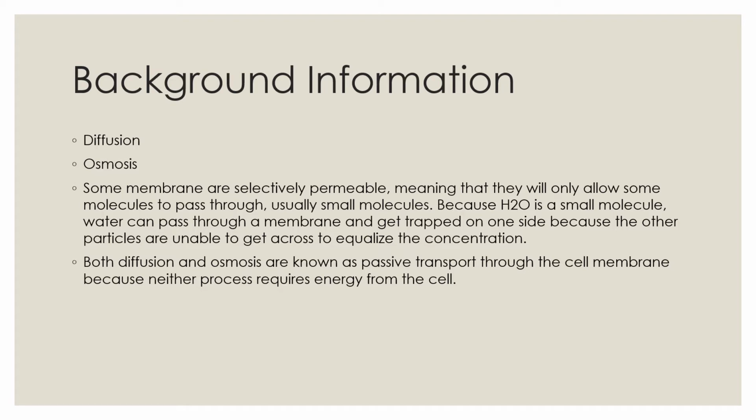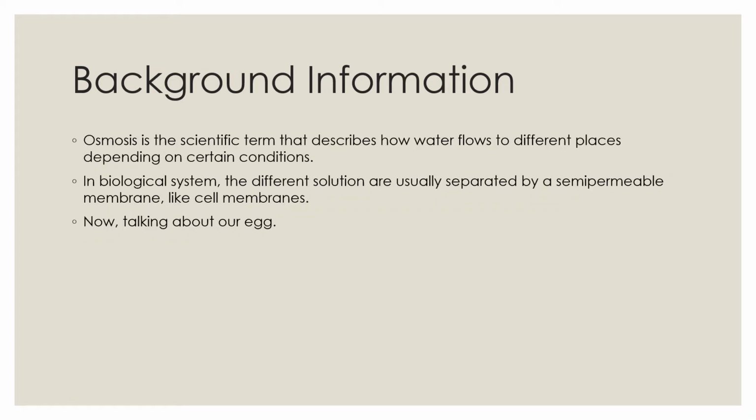Both diffusion and osmosis are known as passive transport through the cell membrane because neither process requires energy from the cell. Osmosis is the scientific term that describes how water flows to different places depending on certain conditions. In this case, water moves around to different areas based on a concentration gradient.